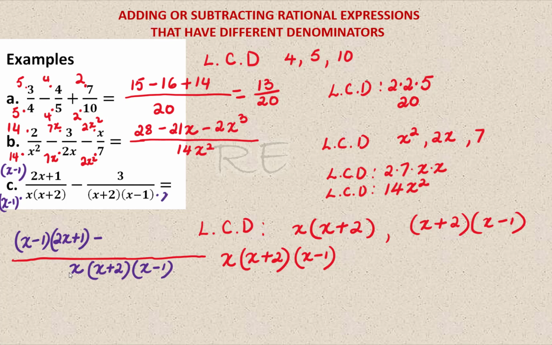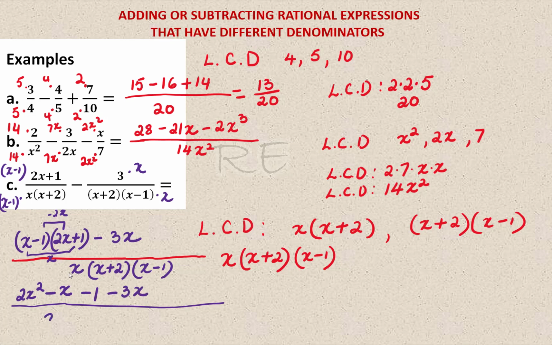For the second fraction, x is missing. And we multiply by x over x. We get negative 3x. Now we're going to distribute 2 times x, 2x squared. Negative 1 times 1, negative 1. And then negative 2x plus x, negative x. Minus 3x. We keep the denominator the way it is.